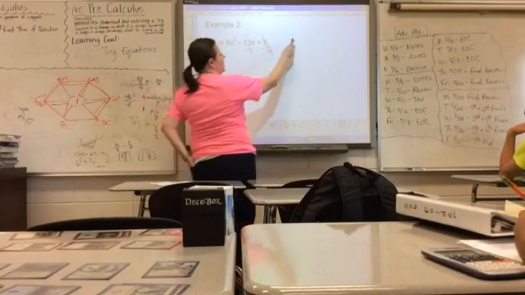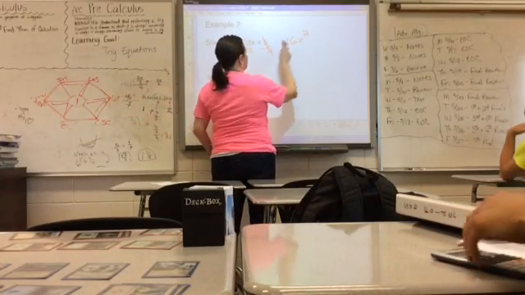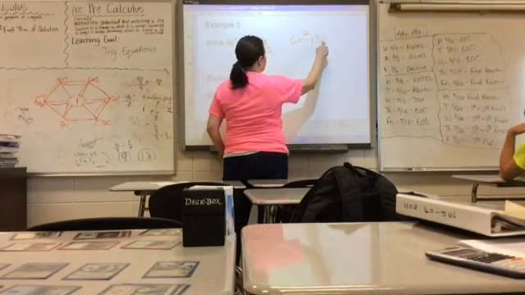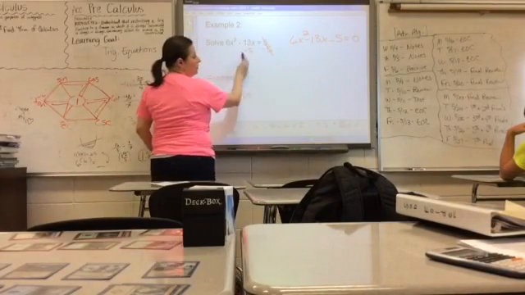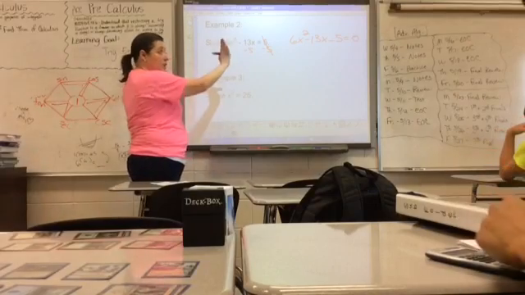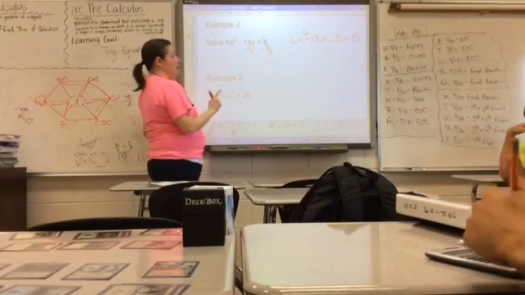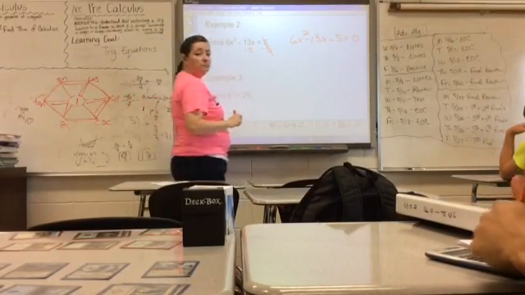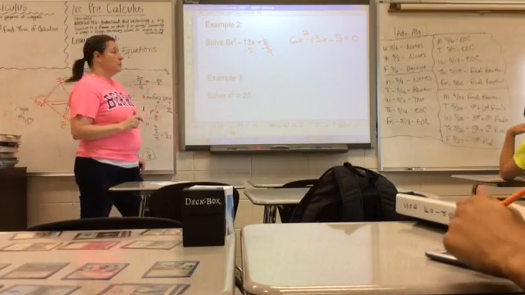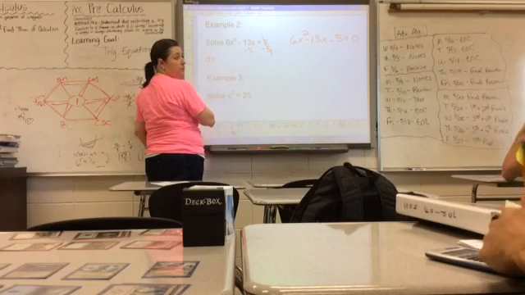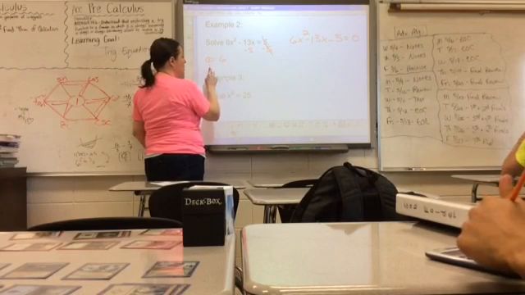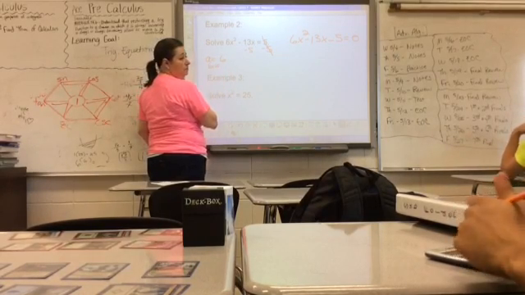So here you're going to have 6x squared minus 13x minus 5 equals 0 now. You moved it over so it is equal to 0. That's how we want it. All right, so you go mode 5.3. What's my A in this problem? 6. What's my B in this problem? -13.